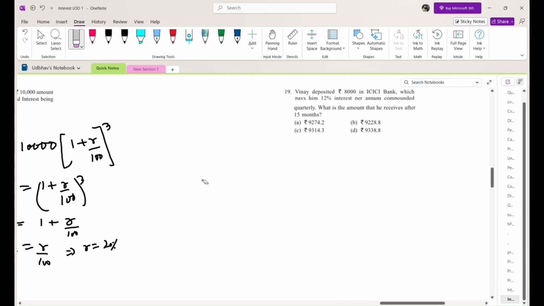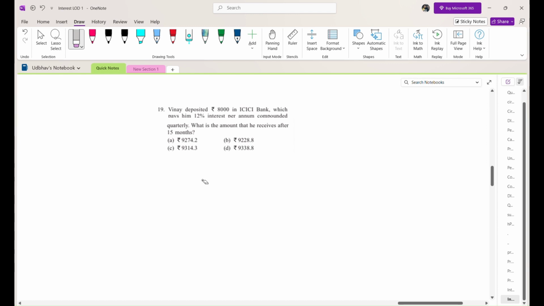So yeah, the next question is, Vinay deposited 8,000 in ICICI Bank, which pays him 12% interest per annum quarterly. Quarterly means, let's see, this is 1 year. 1 year has 12 months. And what is a quarter?